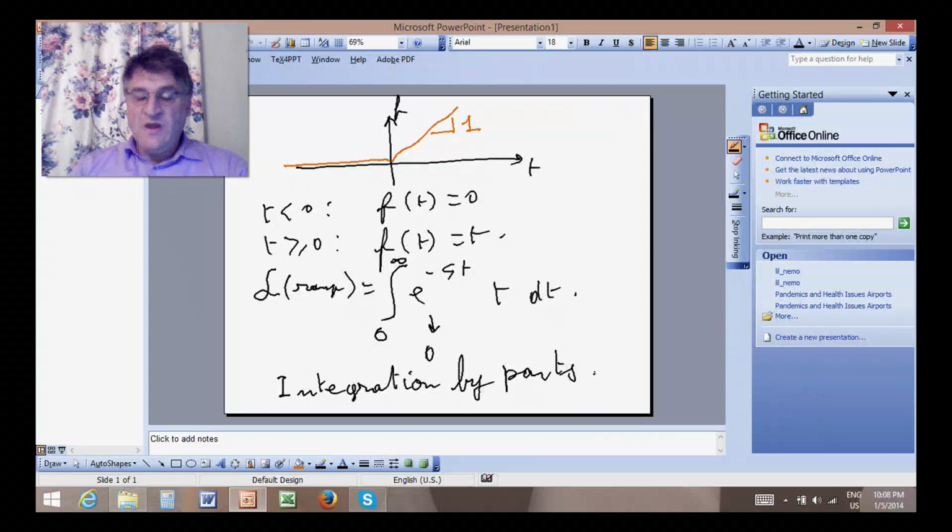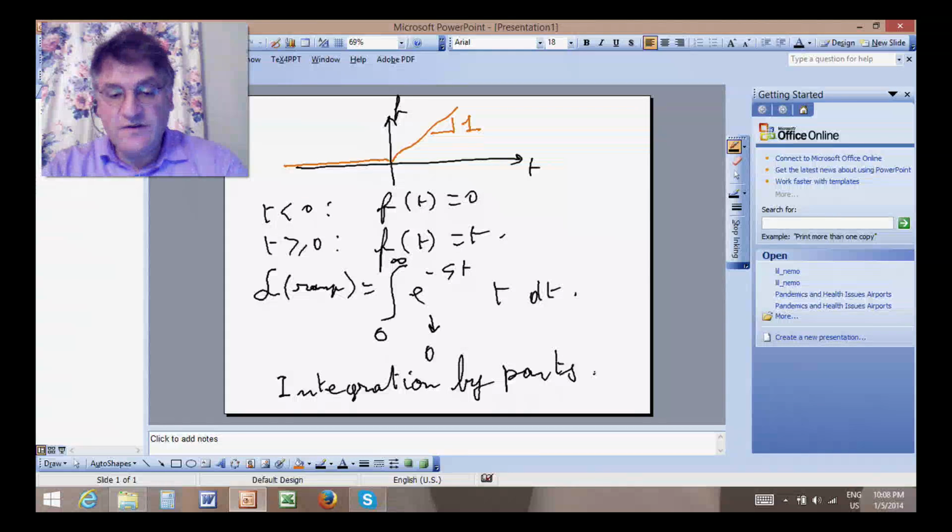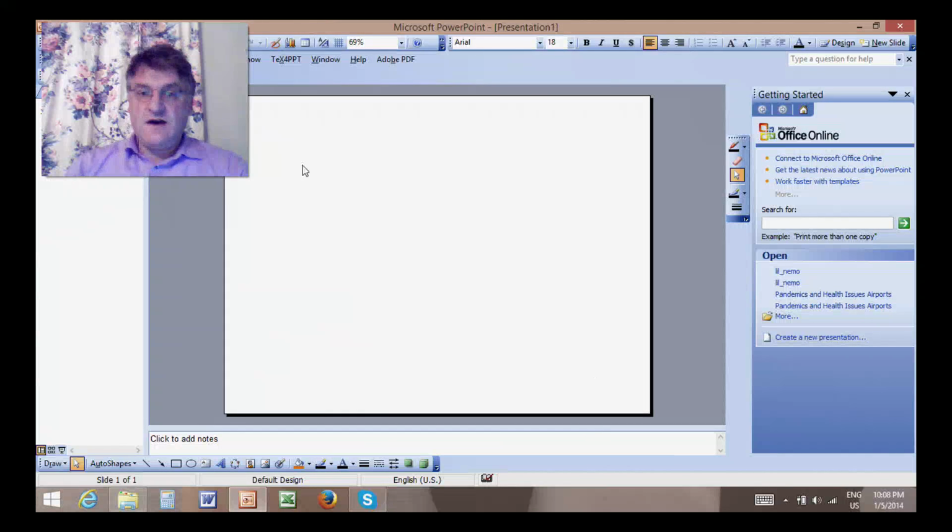Okay, where the integration by parts goes as follows. So we start here.